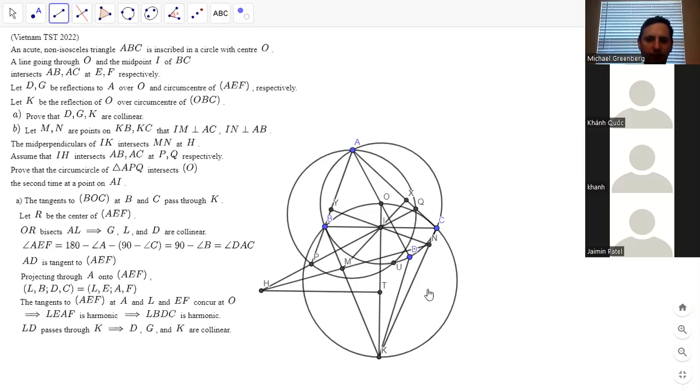So we want to show AU is like a median of ABC. But we know AK is a symmedian. I don't know if that helps.